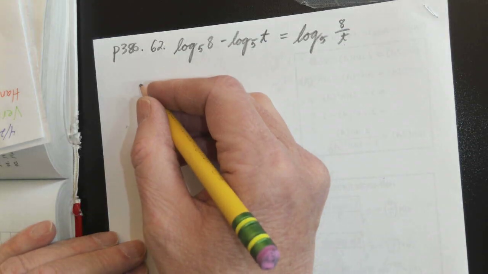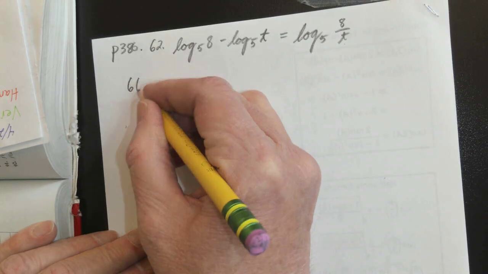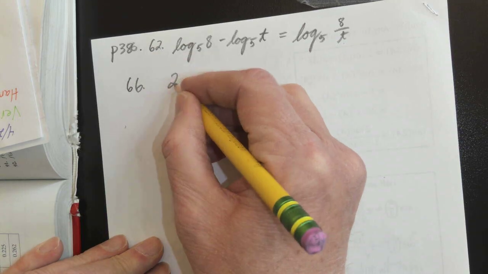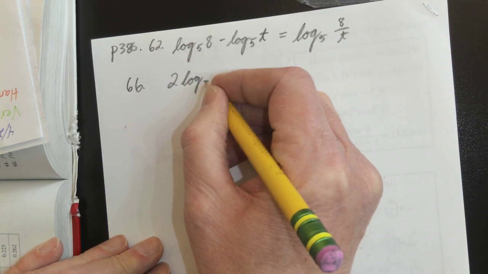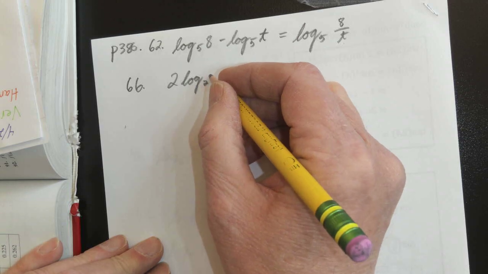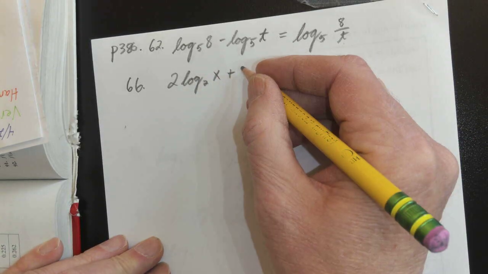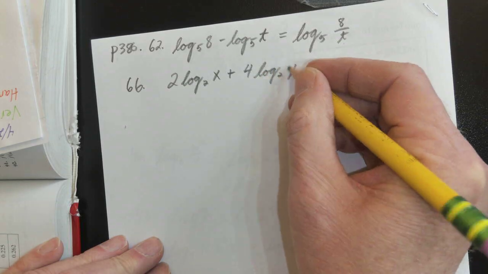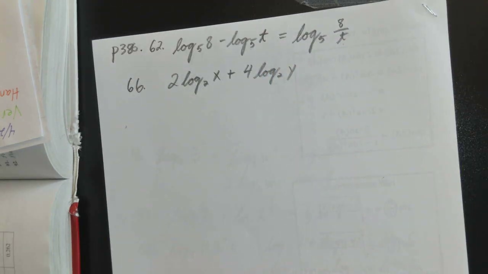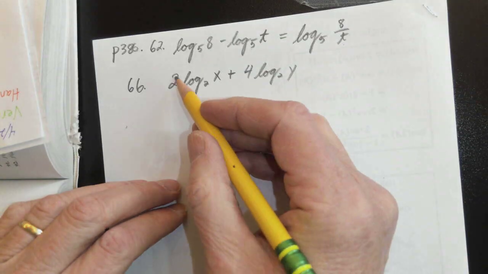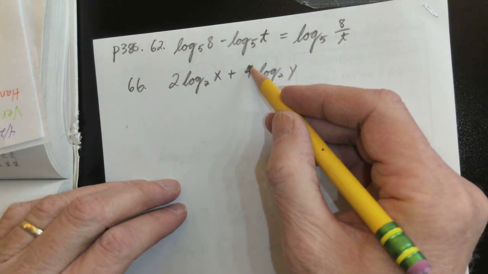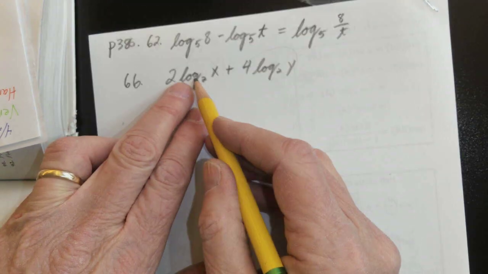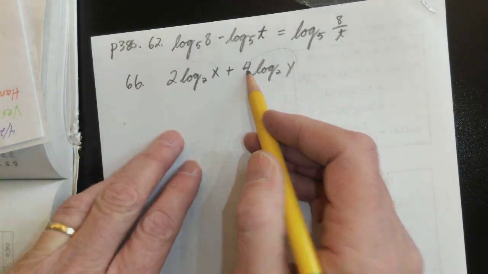All right. 66 is the next one I have written down. 2 log base 2 of x plus 4 log base 2 of y. All right. First, let's deal with the properties. I don't want to do anything with the timesing until I have just logs and nothing in front.